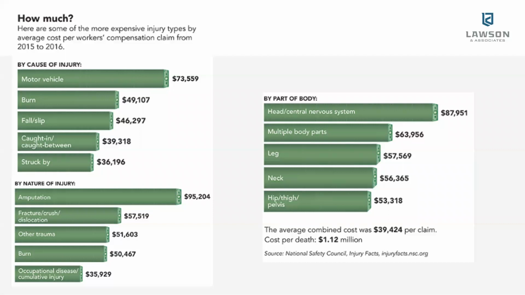But we have burns, falls, slips, caught betweens, and struck bys. And if you heard the term Focus 4 before, those are the top 4 activities within the construction industry that attribute to about 80% of the deaths in our industry, and they're right along those: caught between, struck by, falls, and electrical. Okay. So by nature of injury and by body part, those are interesting.